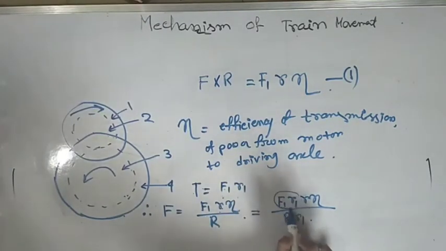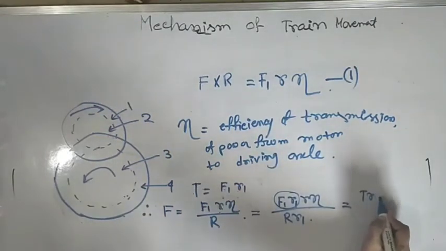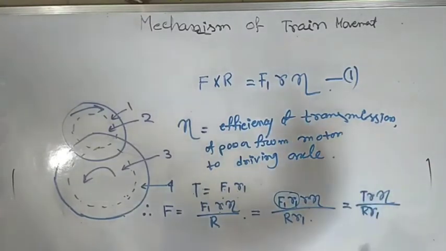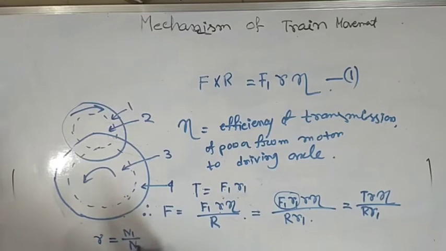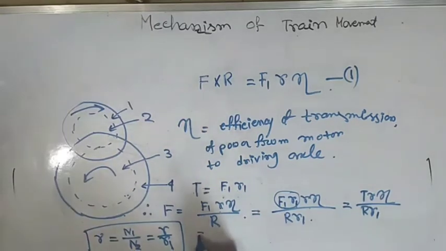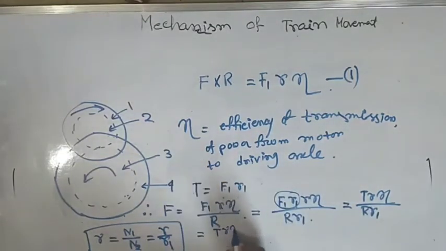F1 R1 is torque T, so F is T into eta by R into R1. Now gamma is equal to N1 by N2, and this is equal to R by R1. So F is equal to T gamma eta by R.